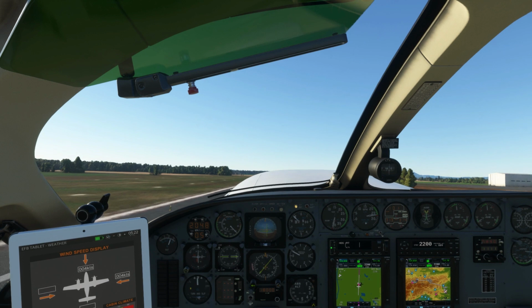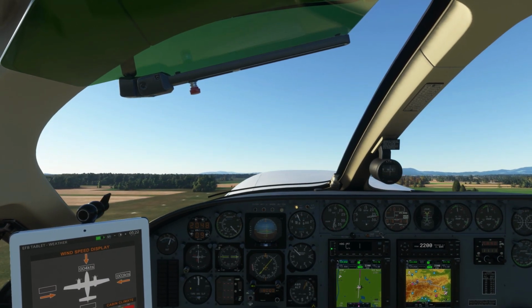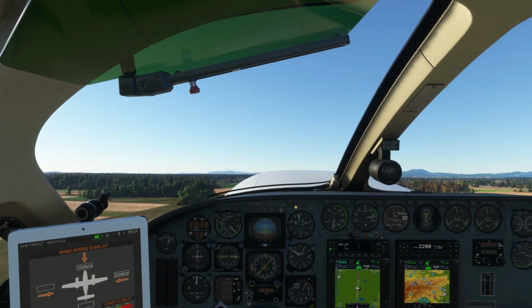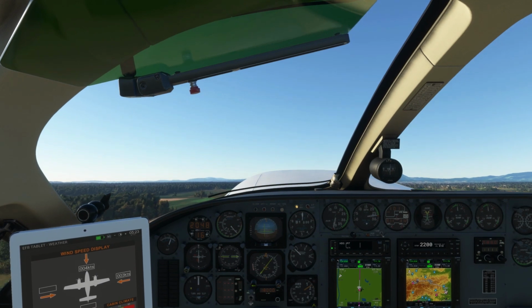Up, not too much. Let's center the rudder and gear up. Keep that.